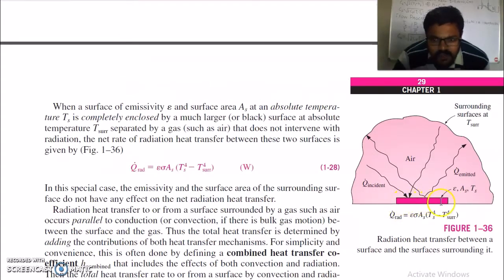So when a surface of emissivity epsilon and surface area As at an absolute temperature Ts is completely enclosed by a much larger surface at absolute temperature T surrounding, separated by a gas such as air that does not interfere with radiation, the net rate of radiation heat transfer between these two surfaces is given by emissivity, Stefan-Boltzmann constant, area of the surface, multiplied by surface temperature raised to power 4 minus surrounding temperature raised to power 4.